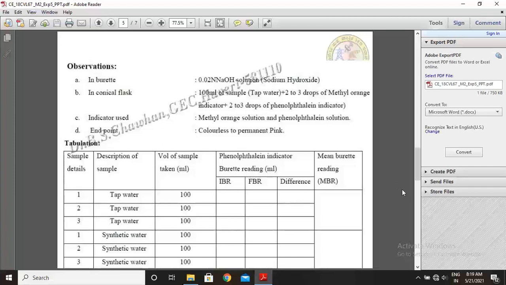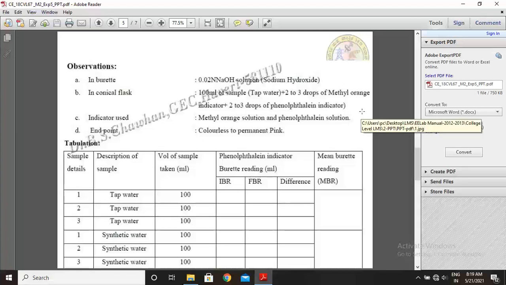In observations, first, in the burette there is 0.02 normality sodium hydroxide solution, and in the conical flask 100 ml of sample plus 2 to 3 drops of methyl orange indicator plus 2 to 3 drops of phenolphthalein indicator.